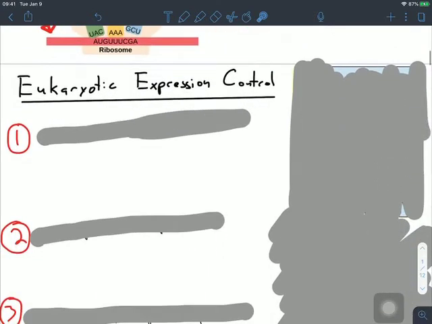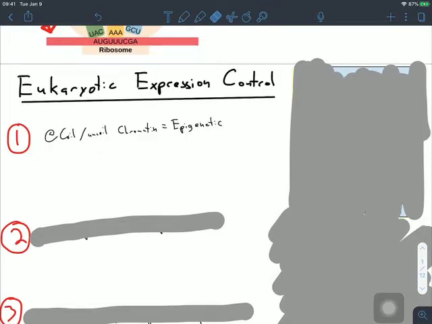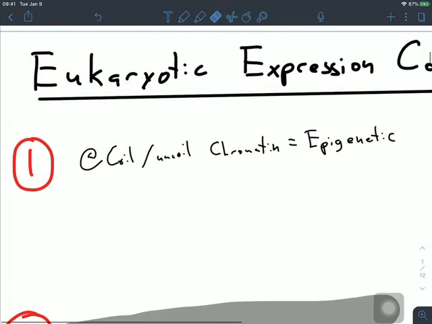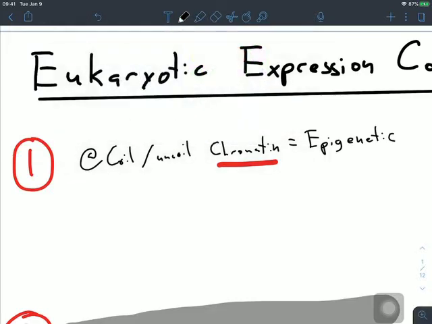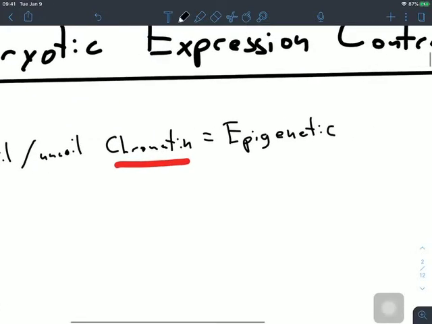So, eukaryotic expression control, as first mentioned, can occur with the DNA and its coiled form. Now, as to whether the DNA is coiled or uncoiled, whether that chromatin is coiled or uncoiled, we call that kind of control epigenetic control. And there are two different types of epi, or on top of, gene control.